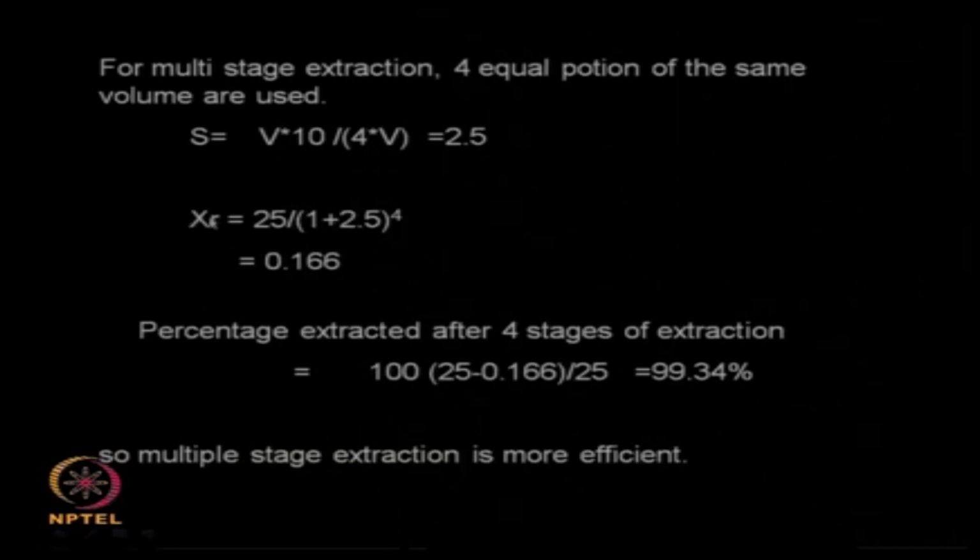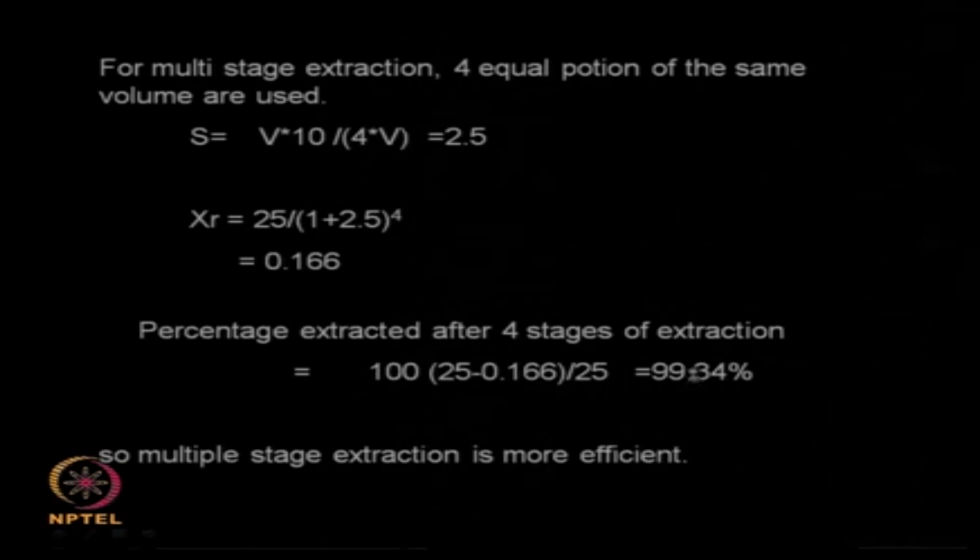So the equation is XR is equal to XF, which is 25, divided by 1 plus 2.5 raised to the power 4. So you get XR as 0.166. So you are starting from 25 and after 4 stages of extraction with 1/4 the amount of solvent you are able to extract 99.34% of the protein.